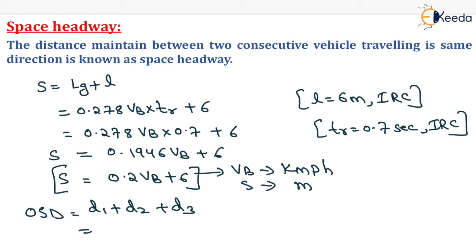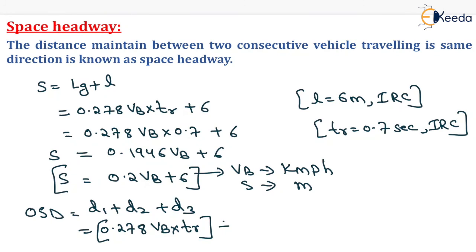We know the value of d1, it will be equals to 0.278 Vb into Tr, and reaction time will be equals to 2 seconds as per the Indian Road Congress.